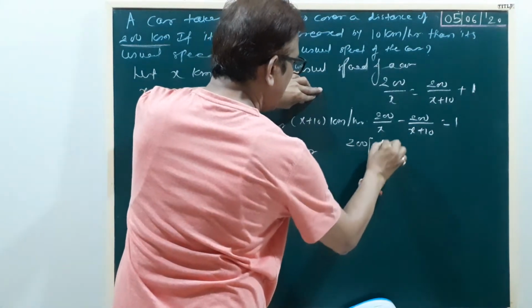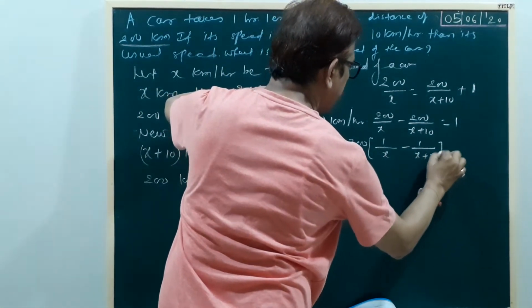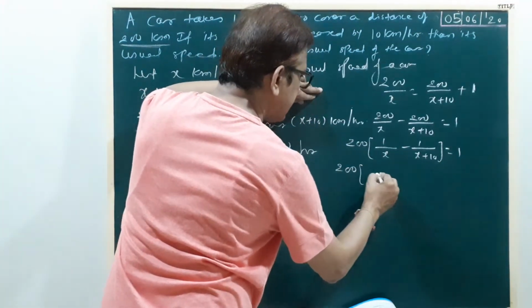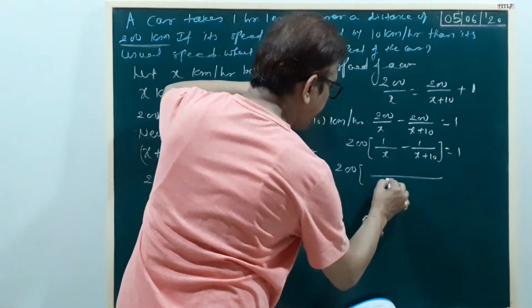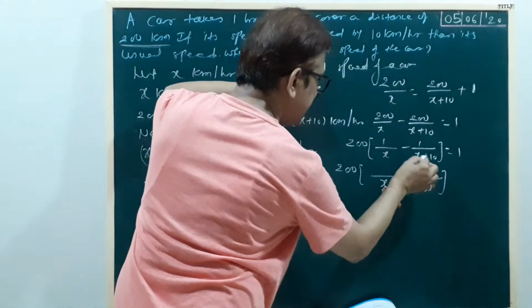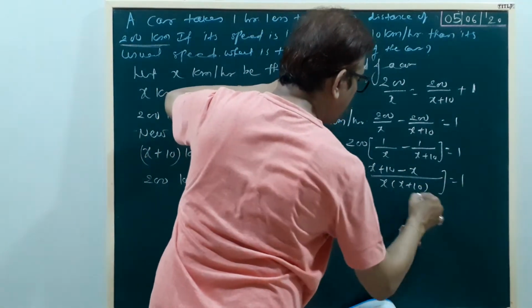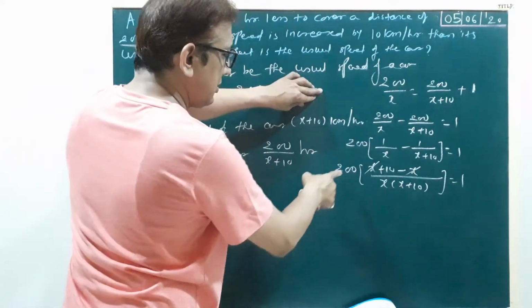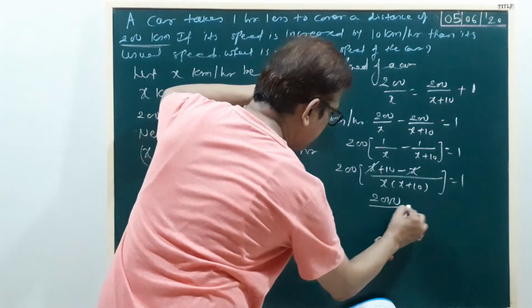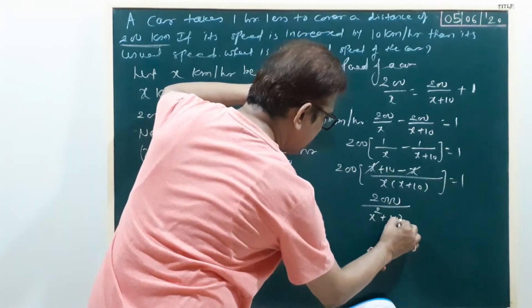Now 200 is common, so 1 upon x minus 1 upon x plus 10 equal to 1 upon 200. Now cross multiplication: x plus 10 minus x, x cancels, 200 into 10 is 2000, and in the denominator open the bracket, x square plus 10x.